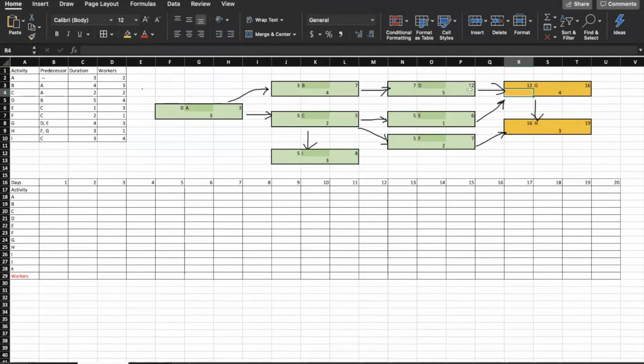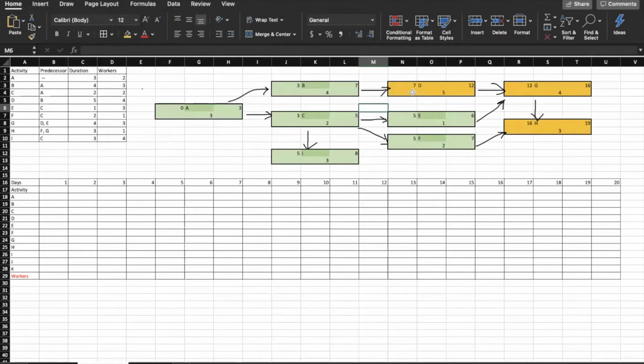So looking back at the predecessor of G, we have D on the 12th and E on the 6th. So based on those two numbers, we see that D would be on the critical path, and we'll highlight it.